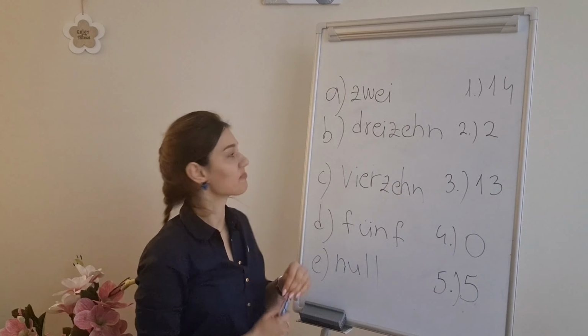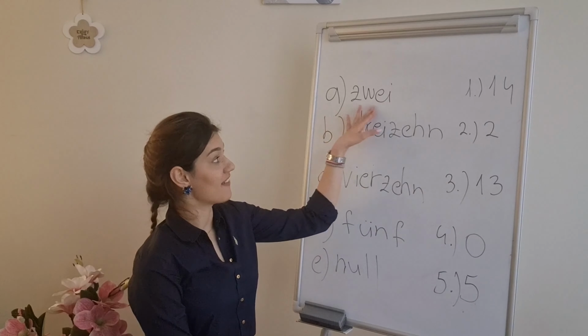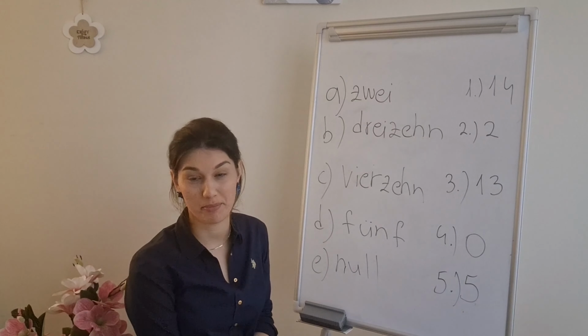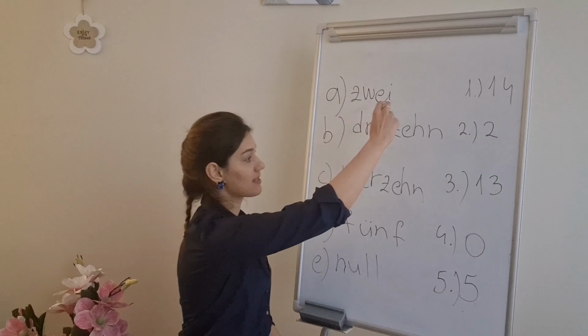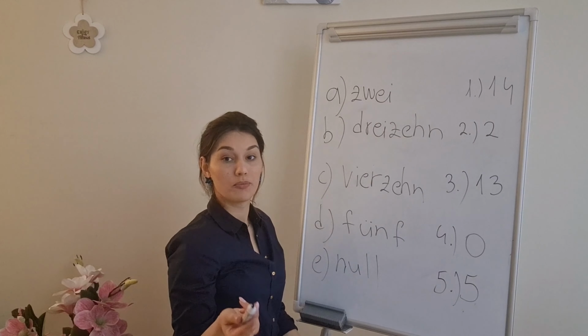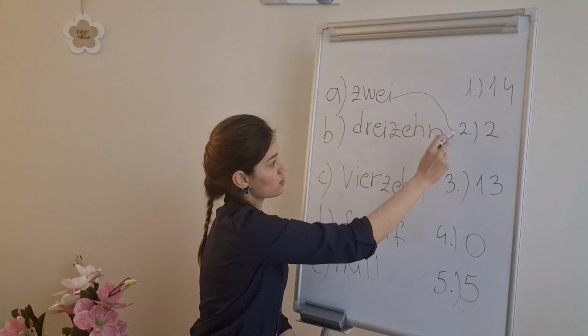That is our assignment. So the first word, zwei. What does that mean? Zwei. Which number is that? We are going to connect zwei with, now you can try to say your solution, with this one.